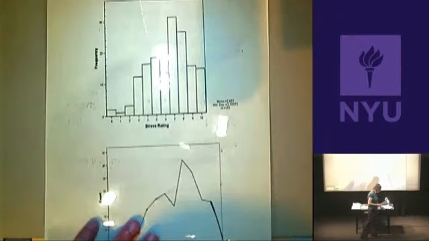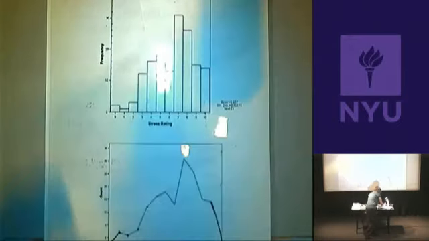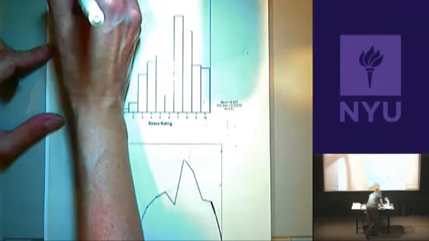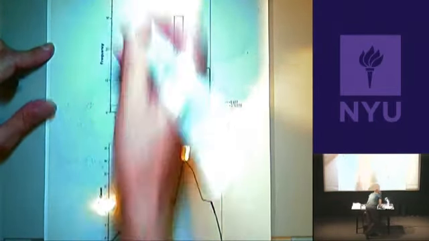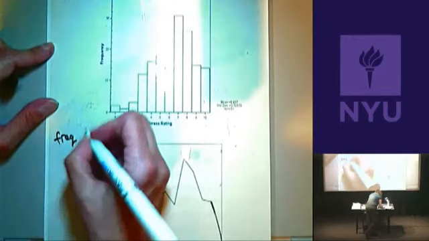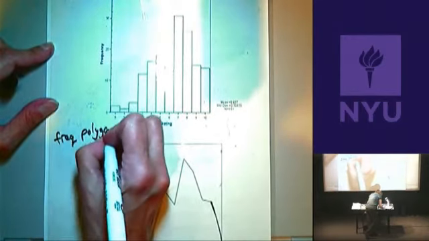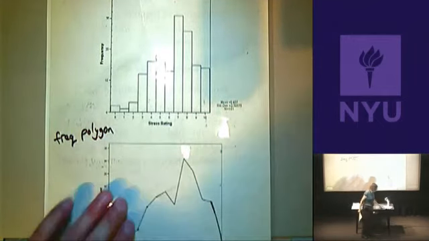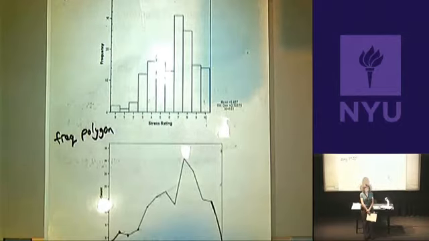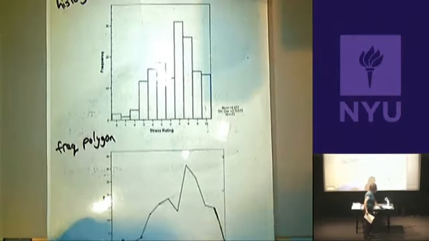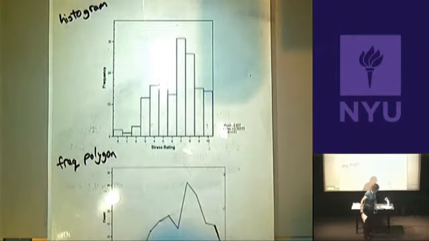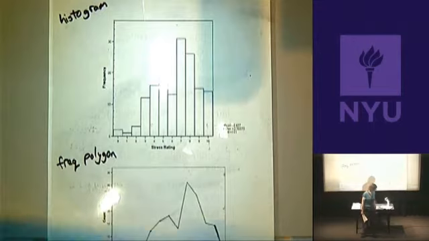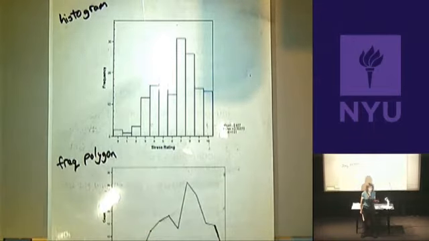Let's take a look at these two types of graphs. The top is a histogram. And the bottom is something called a frequency polygon. Now, in the top one, the histogram, because stress as a variable is continuous.